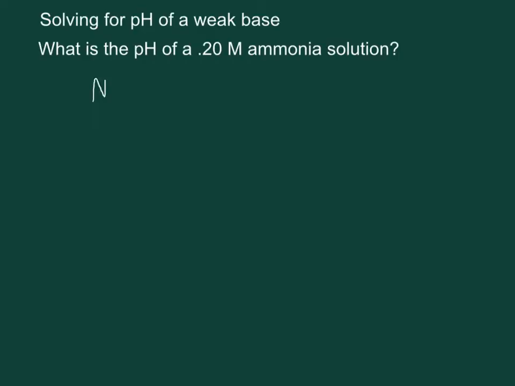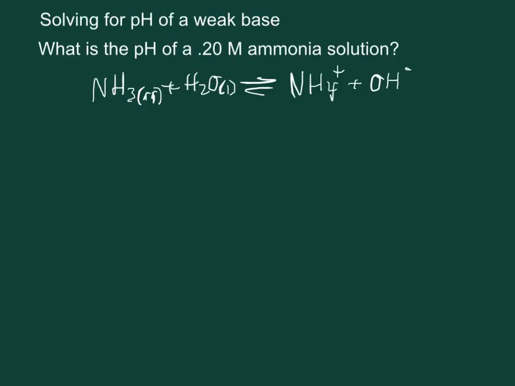In this case we have ammonia, NH3, aqueous. For a base, it's going to react with water, and it's a weak base, so it'll be a reversible process between the ammonium ion, NH4+, and the hydroxide ion, OH-.